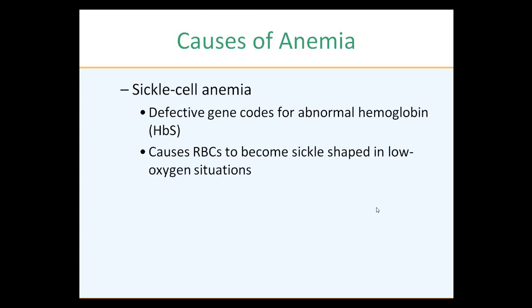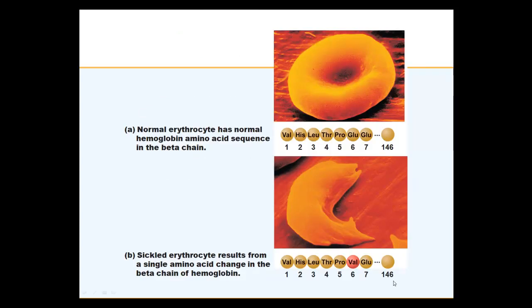And then we have the more common one, which is sickle cell anemia. There's a defective gene that codes for abnormal hemoglobin, and that causes the red blood cells to be elongated and fairly rough. And when they tumble, I think I have a picture here. So this is a scanning electron microscopy picture of a sickle cell.